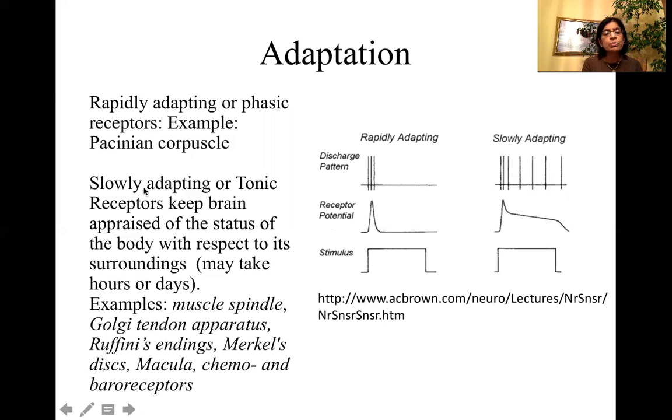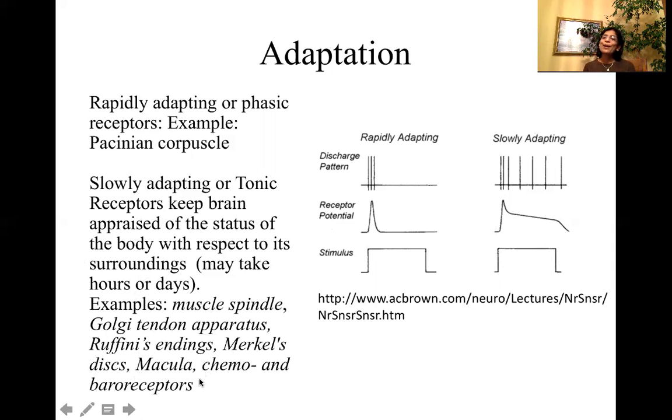So slowly adapting or tonic receptors keep brain appraised of the status of the body with respect to its surroundings. It may take hours or days for it to give up responding to that stimulus. Muscle spindle is a good example. Golgi tendon apparatus and Ruffini's endings, Merkel's discs, macula, chemo, and baroreceptors.